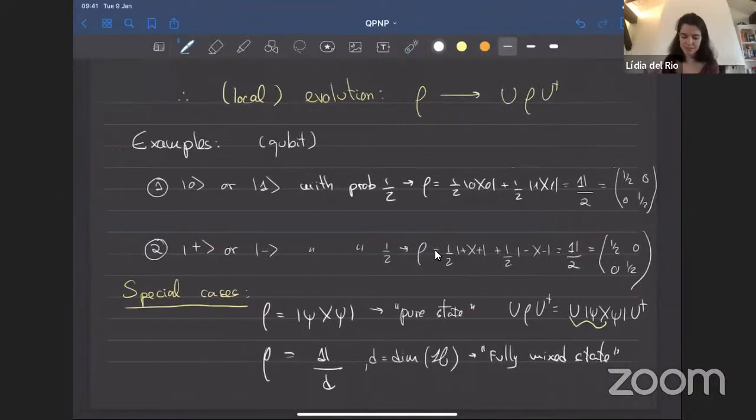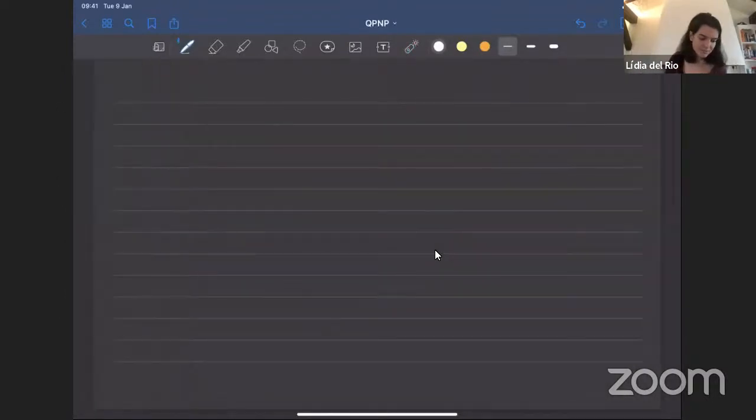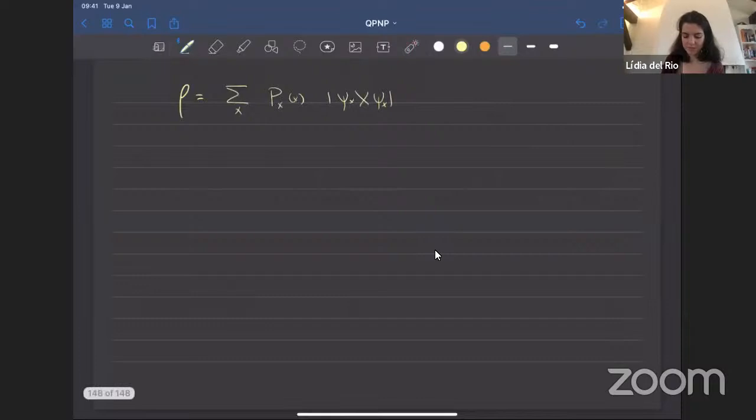And you study them in the QIT course, so let me just give an example. You'll see in the tutorial that you can always expand rho in this form. So rho in general, we call these mixed states. Every state that is not pure, we call mixed, where this is a probability distribution.